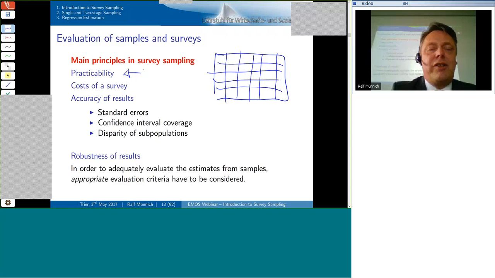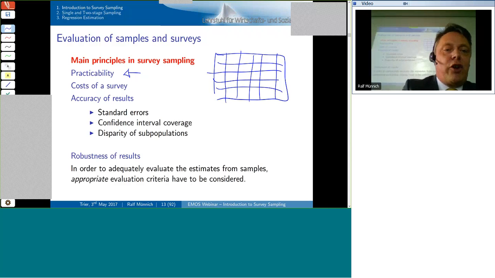That's very important, and even if you have a very interesting, sophisticated, very efficient design, it may be that you will not be able to do that in practice. Then we have costs. I have seen many statistical offices. They always have the big issue of costs. They don't want to exceed the costs too much.